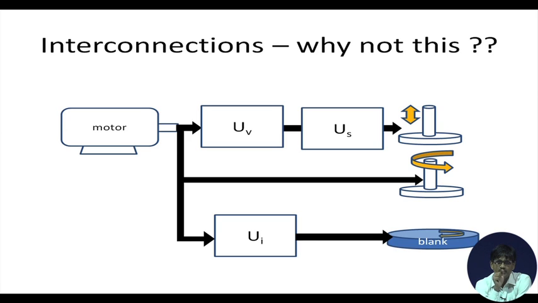Suppose I make US double, in that case feed will become half. UV and US, since they are in series, are going to serve the same purpose now. That is simply changing the number of strokes per minute, and as the bifurcation of power has taken place before them, they will also affect feed. So, feed and speed will both be affected by the change in UV and US now.